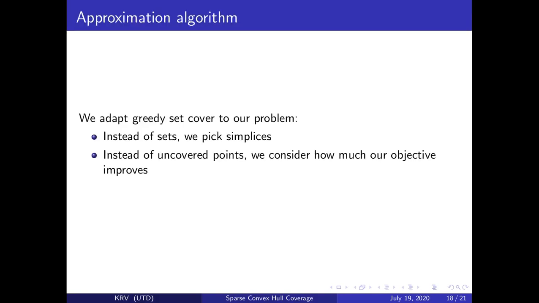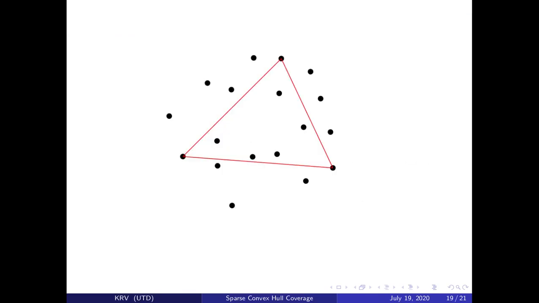So for the approximation algorithm, it's similar to greedy set cover, but instead of sets we're going to pick simplices, and instead of uncovered points we're going to consider how much our objective improves. So again, this should be in 3D, but just for simplicity we're going to do it in 2D.